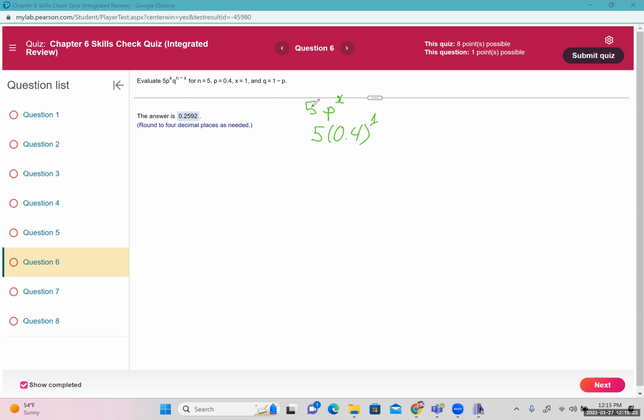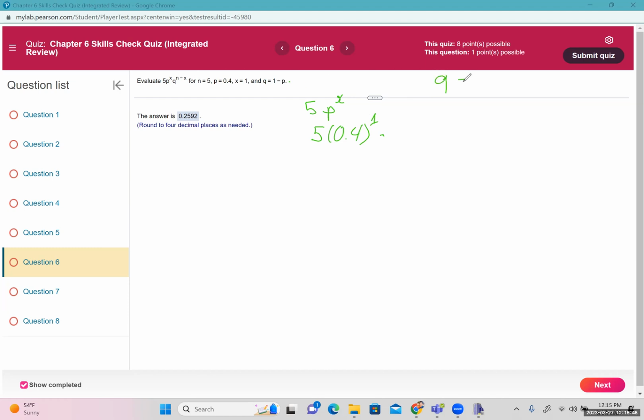This is actually the binomial distribution form, but again, we don't really care about that, so we're just going to do the formulas. Multiply by q. Q is what? Q is 1 minus p.